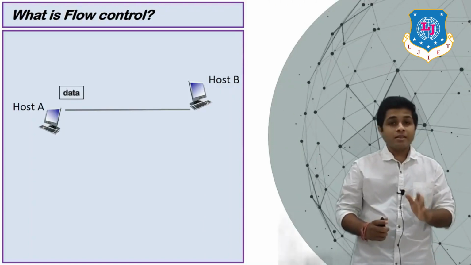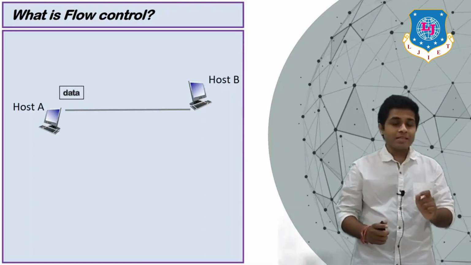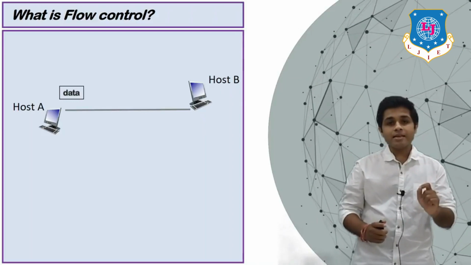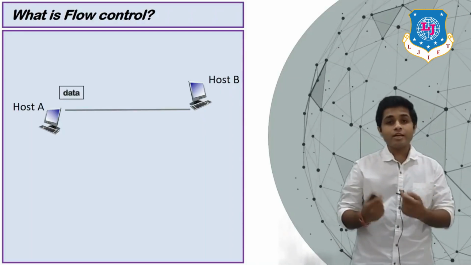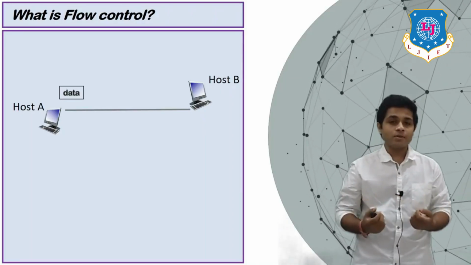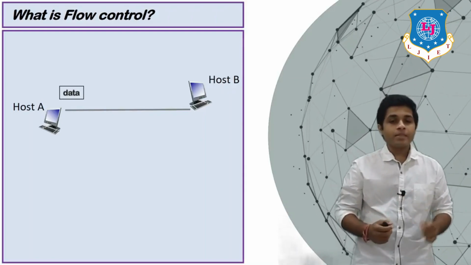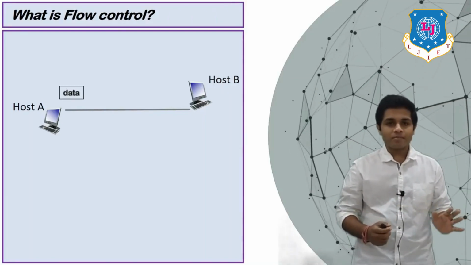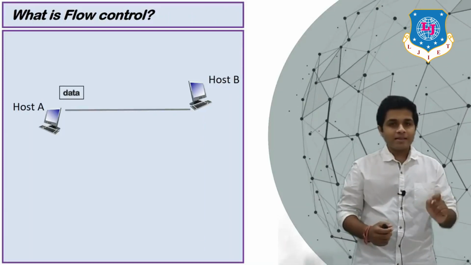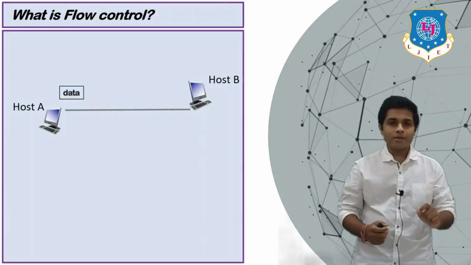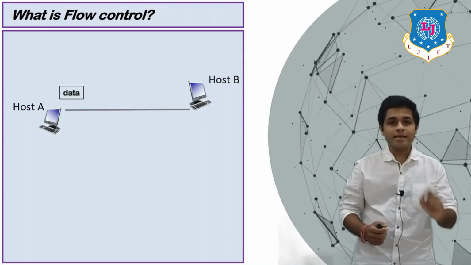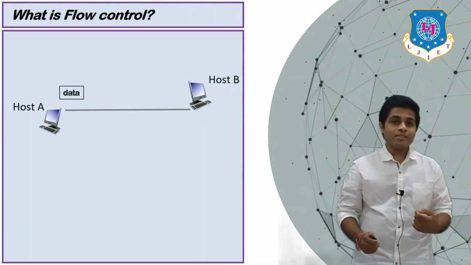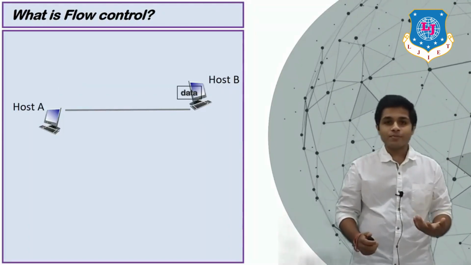So what we can do in this example is that the sender can send data at a rate at which the receiver can easily receive. For example, if the sender is sending data at 2 Mbps, in that case there won't be any problem, right? That is known as flow control: the sender should send data at a rate at which the receiver can receive.